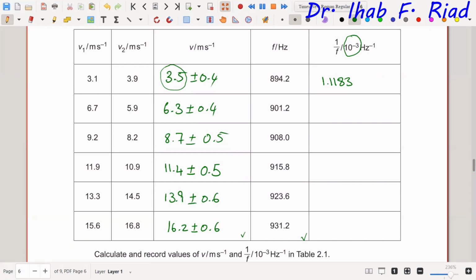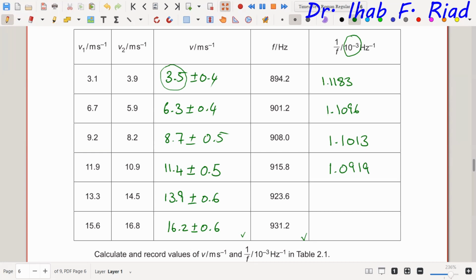So you see how we proceed? Yes. What is the next value? It is 1.1096. Good. The next one is 1.1013. Yes. It is 1.0919.